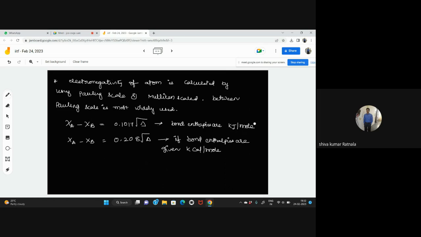Okay, so what do chi A and chi B mean? Electronegativity. Chi A is the electronegativity of A, and chi B is the electronegativity of B. Now how can we calculate delta?